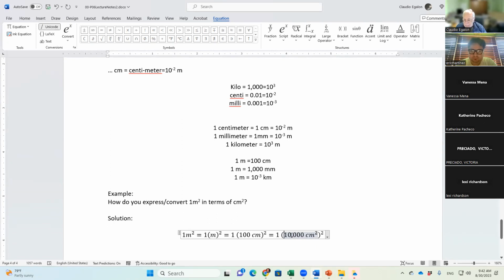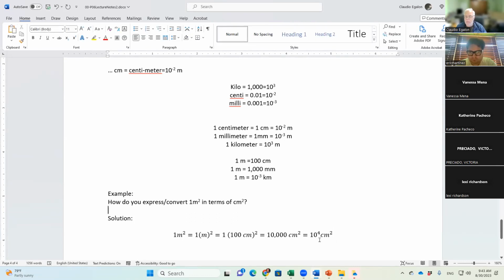Do you get that? Watch out for this type of compounded units when you're doing the conversion from one unit to another. 10,000 can be rewritten as 10 to the 4.